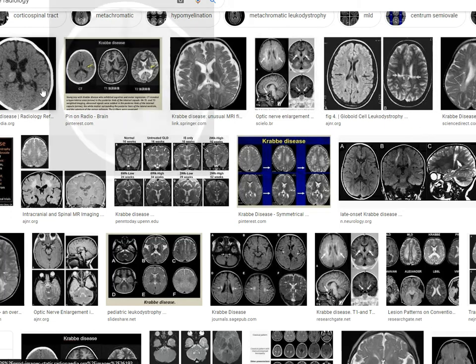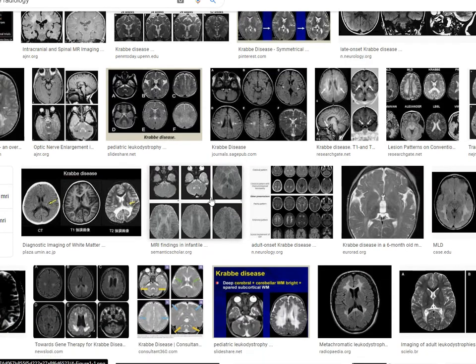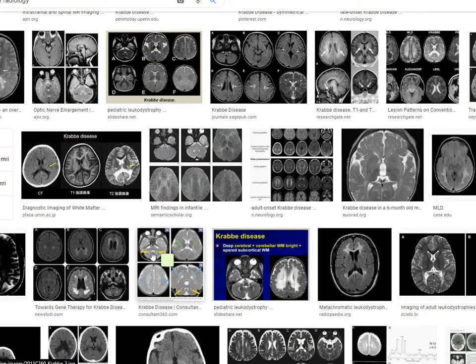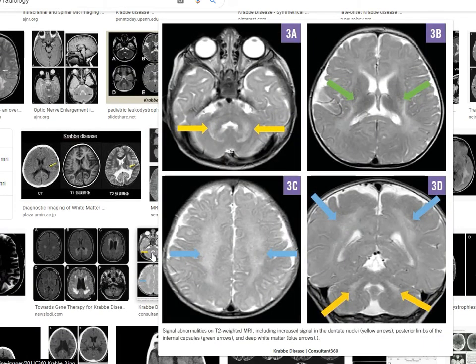You can see that there are hyperdensities in the thalamic nucleus bilaterally, and also there will be a couple of pictures on the halo around the dentate nucleus. In the first image over here, you can clearly see that there are hyperintensities involving the dentate nucleus in the cerebellum.